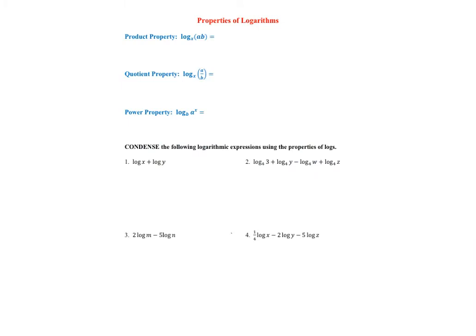Now we're going to move on and look at some of the properties of logarithms. Now, we know that exponential equations and logarithmic equations are inverses of each other. And because of that, they have some similar properties. So by definition, the product of, and I'm using x as a base, because why not? Log base x of the product AB is equal to log base x of A plus log base x of B. So each of those terms in the argument is given its own log.